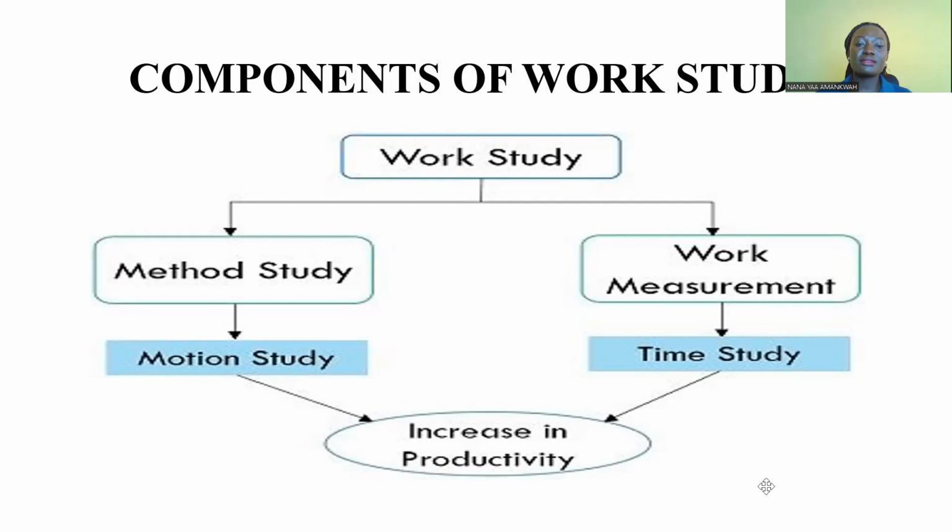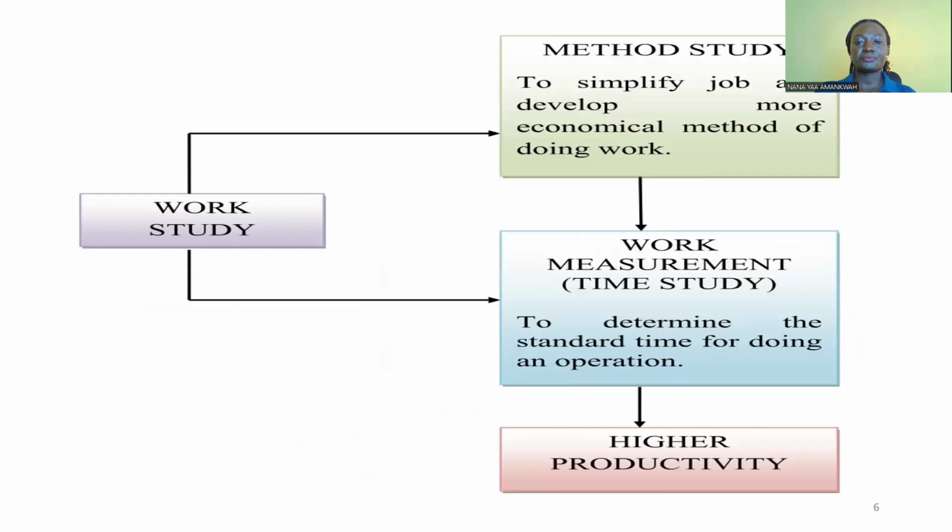Now, under method study, we are looking at motion study. So method study has to do with motion study. Work measurement has to do with time study. So these are the two, and both motion study and time study actually increase productivity. So that's what you see on the screen.